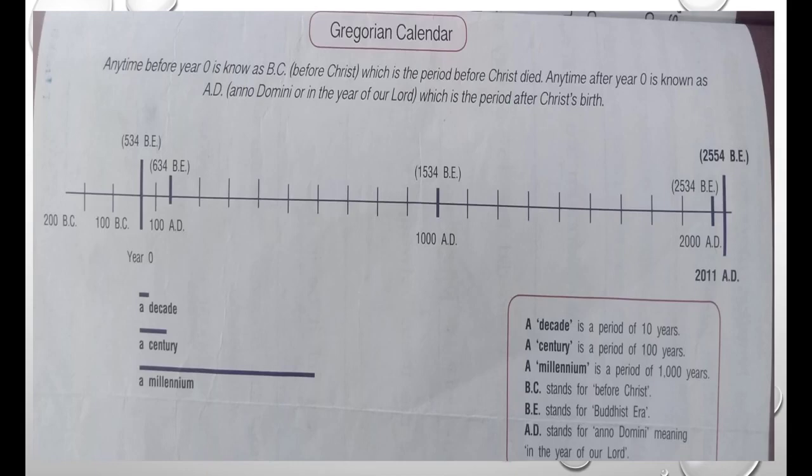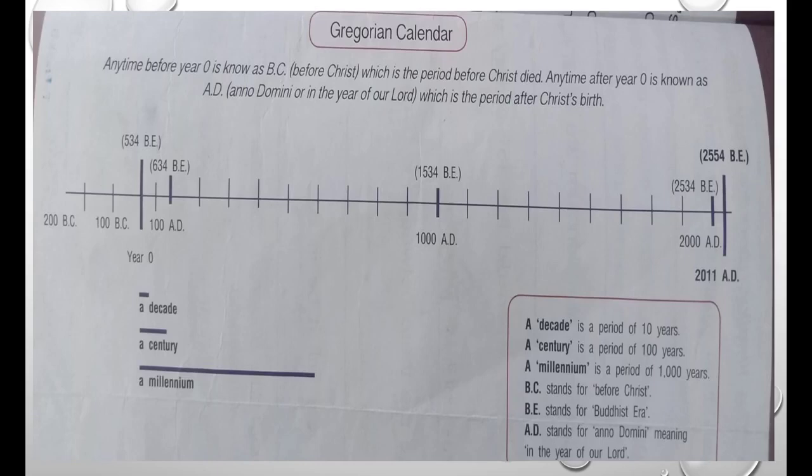We have in the Gregorian calendar 100 AD. The Buddhist calendar has 634 BE. And in the Gregorian calendar, we have 1000 AD. And the Buddhist calendar has 1534 years BE.